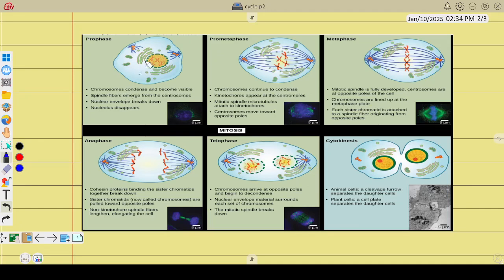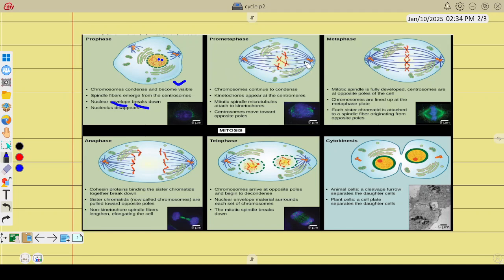We discussed all these. Here the chromosomes become visible, the spindle fibers form, and the nucleolus and the contents of the nuclear membrane disappear. The nuclear membrane, we said, will break down. When it breaks down, it becomes dotted here. So this was our journey.